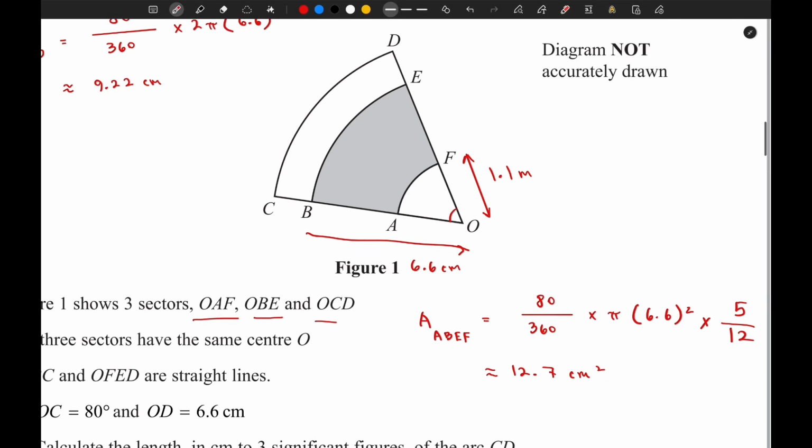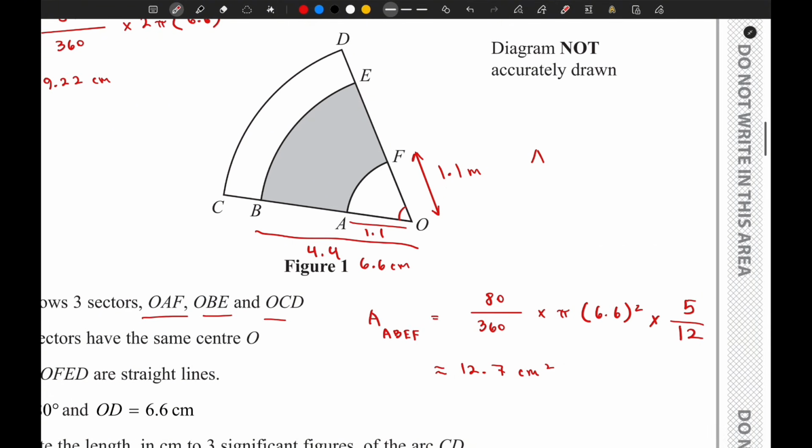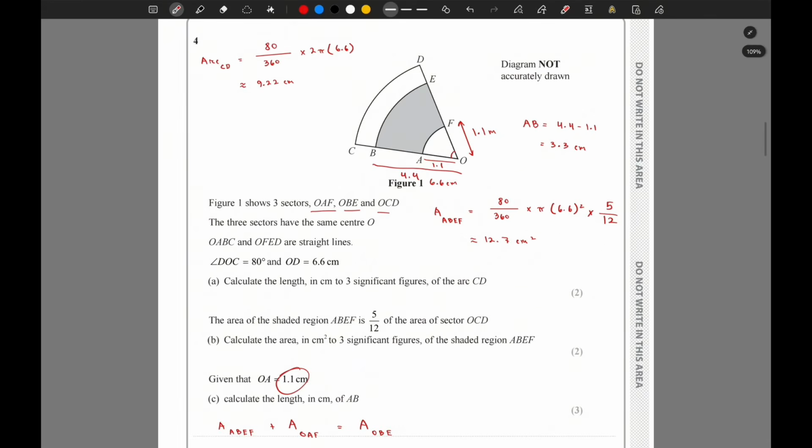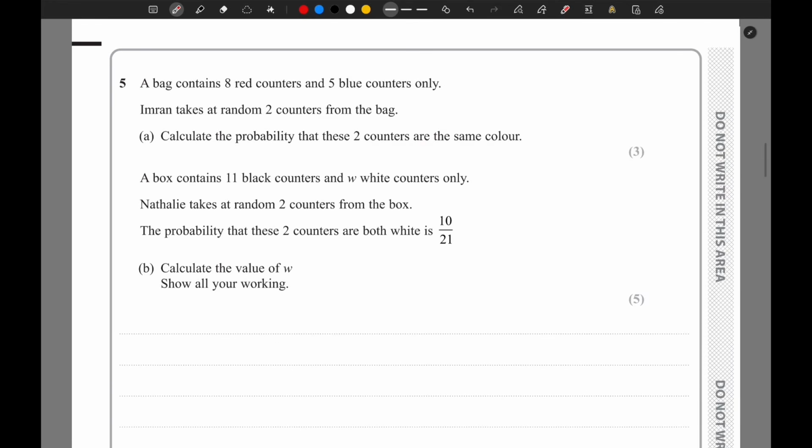We know that OB is 4.4 and OA is 1.1. So AB equals 4.4 minus 1.1, which equals 3.3 centimeters. So that is the answer for this question.